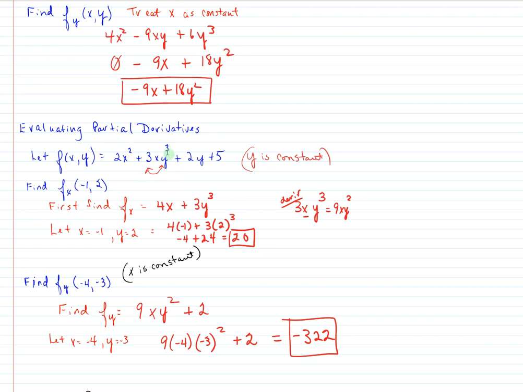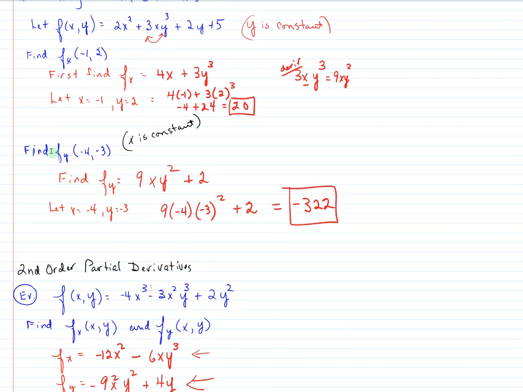And so the 3 and the y cubed are what's left. If we take the derivative of x, it would normally be 1 or whatever the number is. Well, what's left is 3y cubed. The derivative of 2y is 0. The derivative of 5 is 0. So this is what we've got. Then we plug in negative 1 and 2 to that, and we get the value of 20.